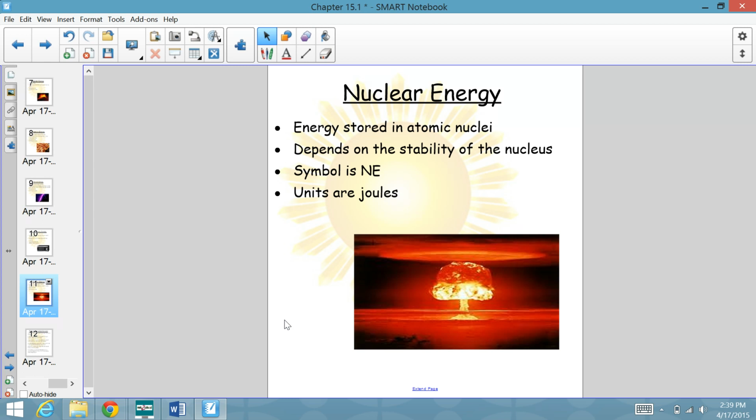So we talked about this a little bit when we did our nuclear power debate, but some elements are not very stable. And that's because they tend to fall apart. They can't hold themselves together because they're so large. So the less stable a nucleus is, the more nuclear energy will be released. The symbol for this is Ne, and the units are joules.